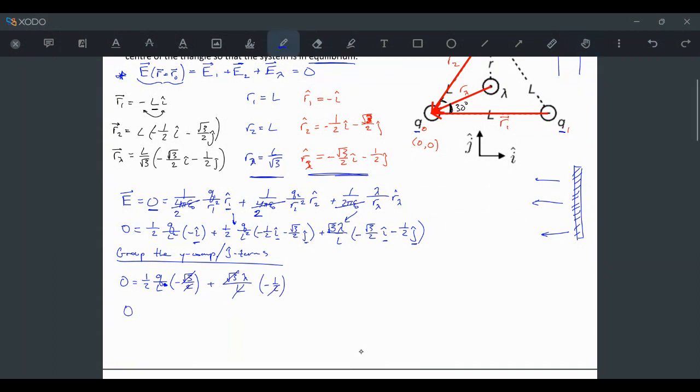What we're left with is 0 is equal to Q over 2L. Oh, and we can also cross out the minuses. Plus lambda. In other words, lambda equal to minus Q over 2L. So that's the entirety of it.